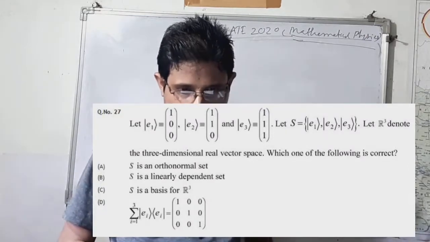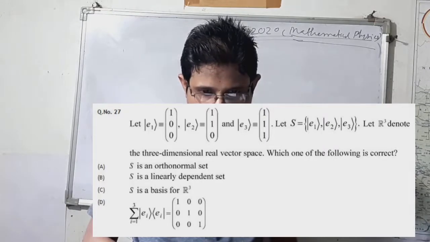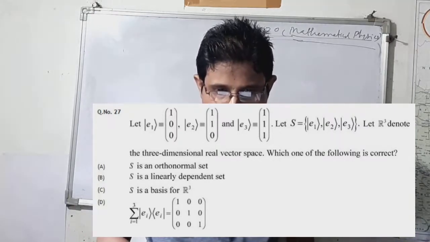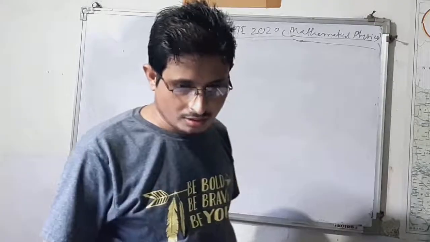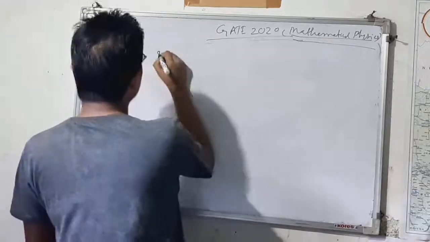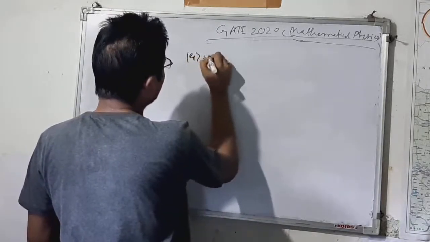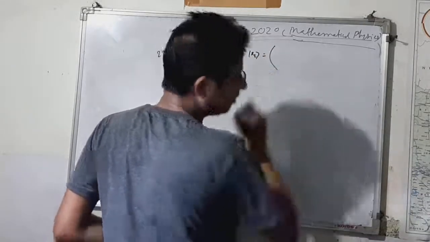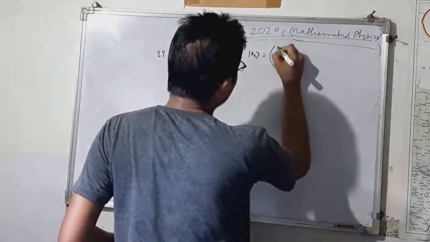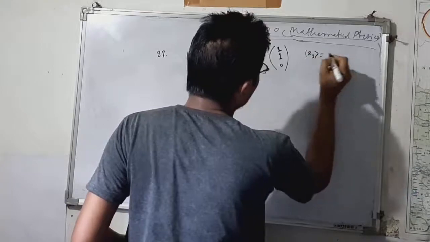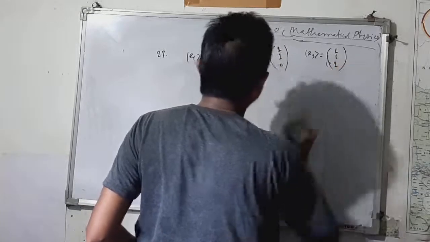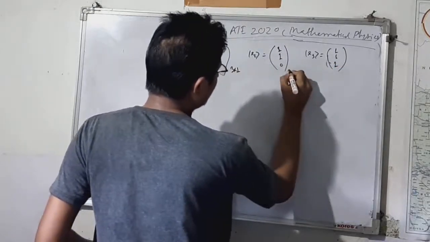So e1 equal to 1 0 0, e2 equal to 1 1 0, and e3 equal to 1 1 1. So these all are 3 into 1 column vectors.